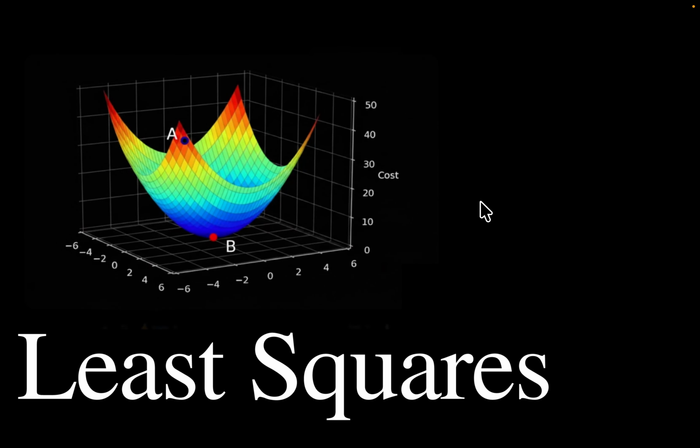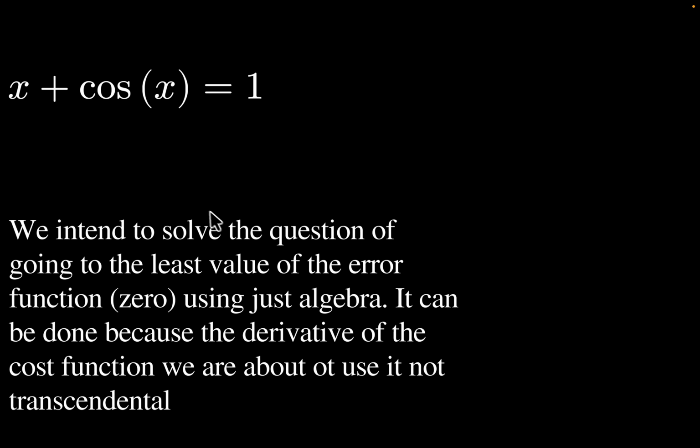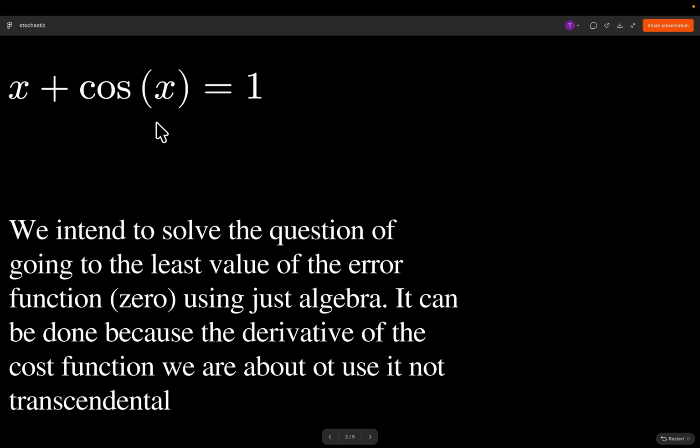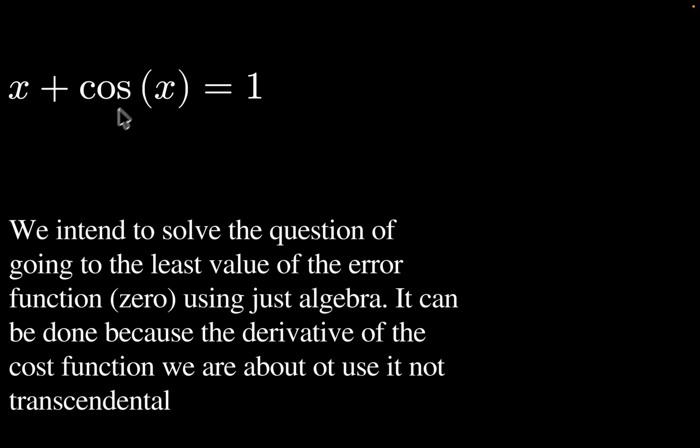And the thing is that most of the derivatives of ordinary cost functions are transcendental. What does it exactly mean? It means that we would get something like this. It's a transcendental equation, the most common one: x plus cosine x equals 1.